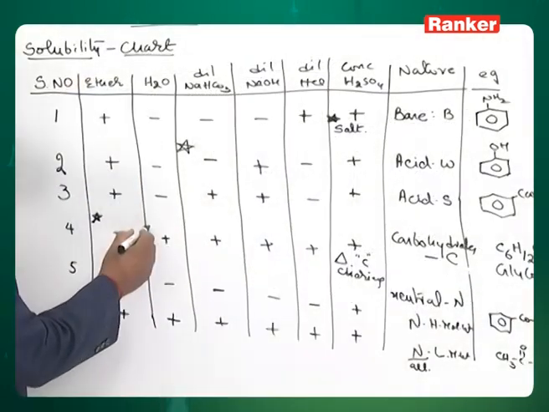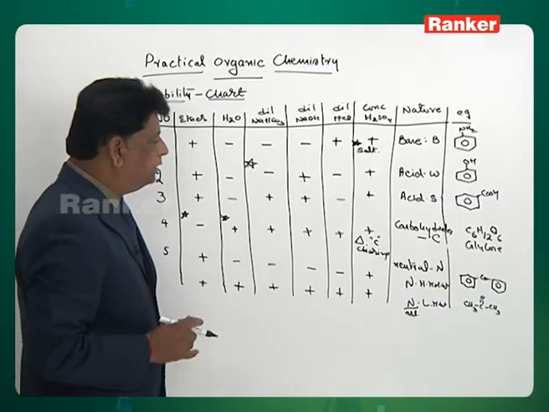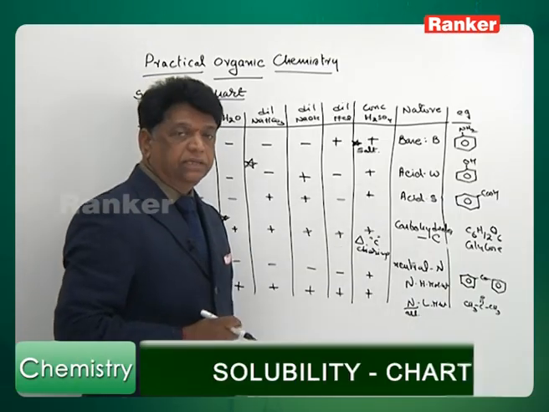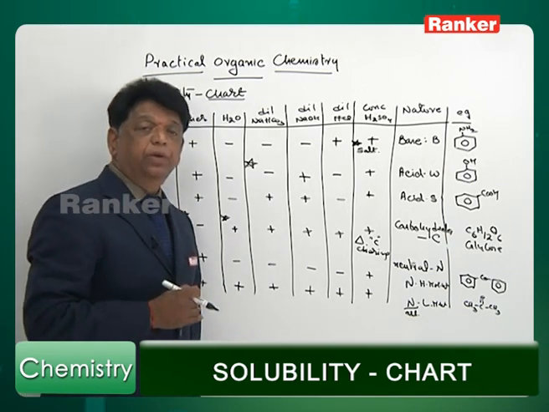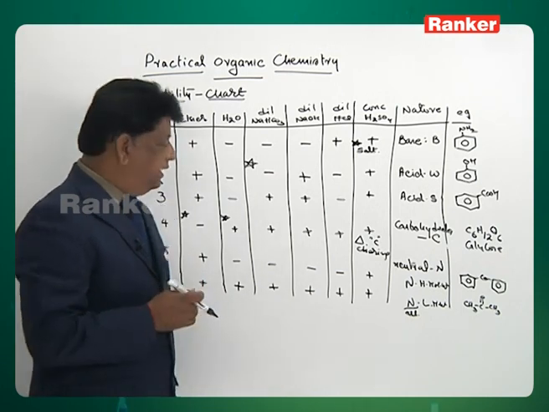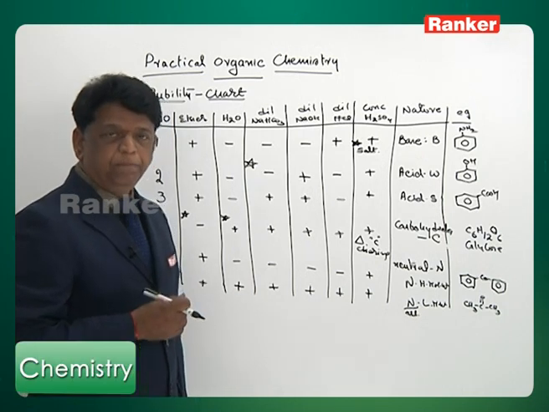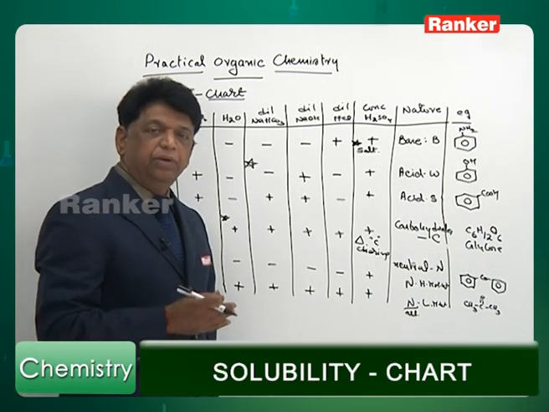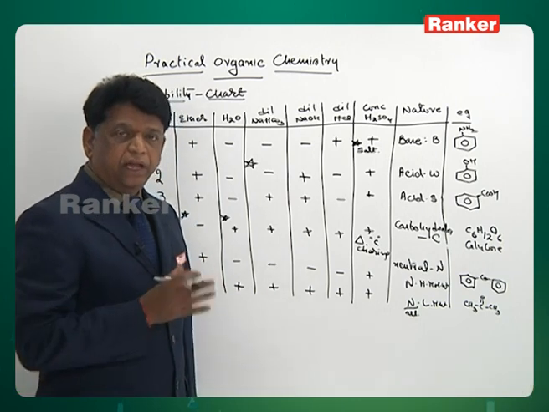These two points, water solubility and ether insolubility, generally reflect carbohydrates or salts of organic compounds, like even amino acids, which exist as zwitterions. They are also ether insoluble, water soluble, like glycine and alanine. These amino acids exist as zwitterions, cation-anion structures.